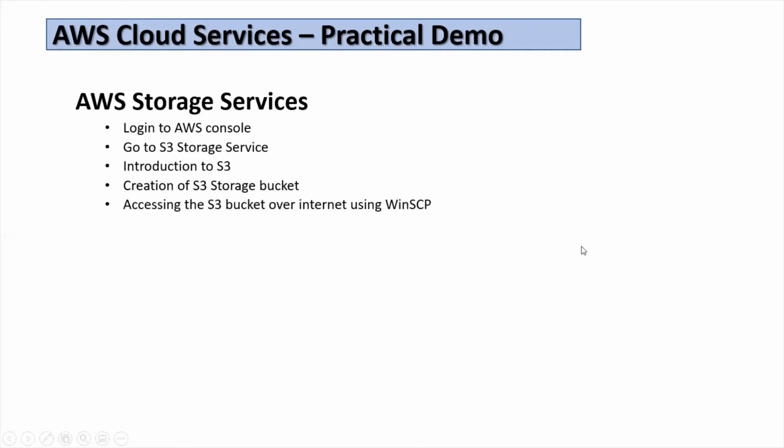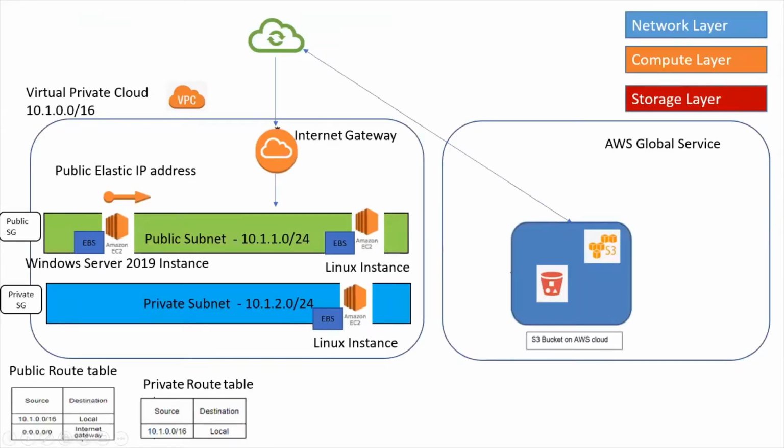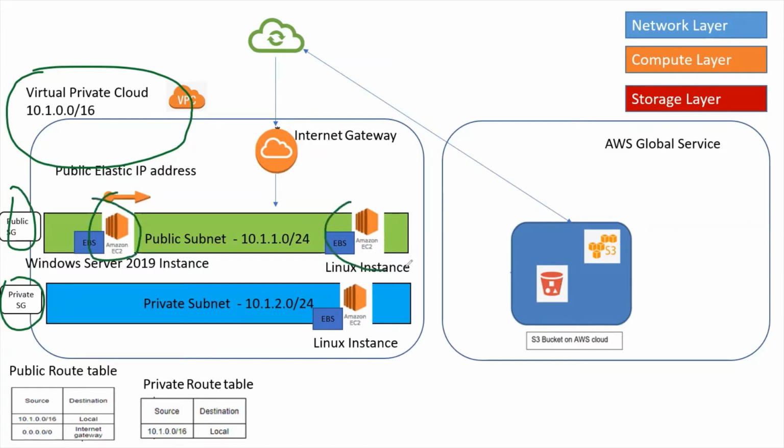In my previous videos, I have created these network components, like the creation of VPC and virtual firewalls, the security groups. I have also created videos for launching the instances. So in this video, these network components are already in place.